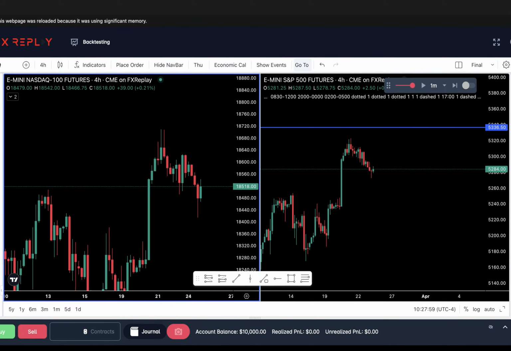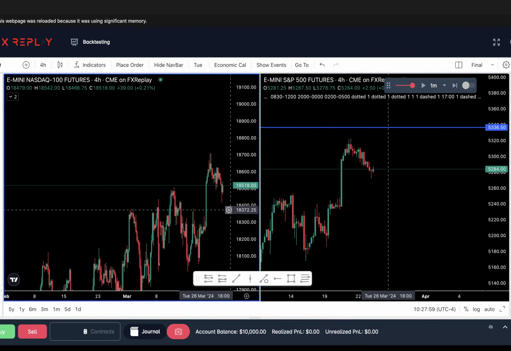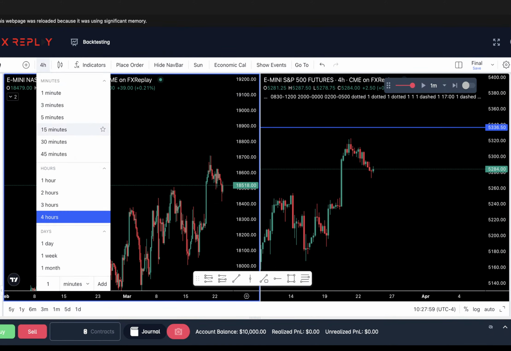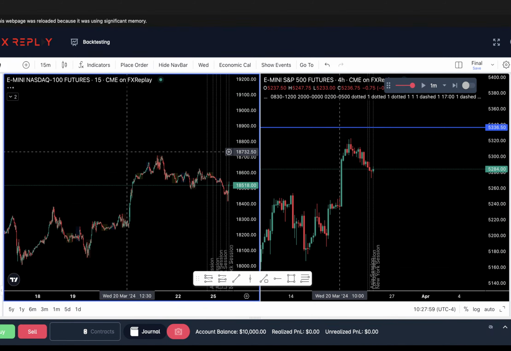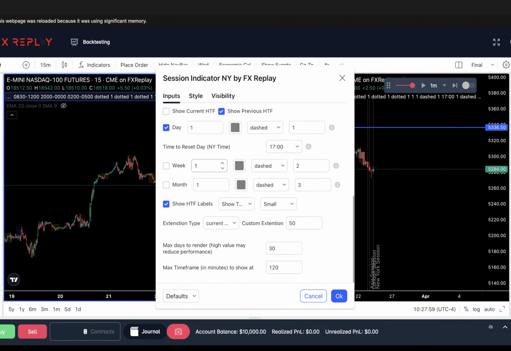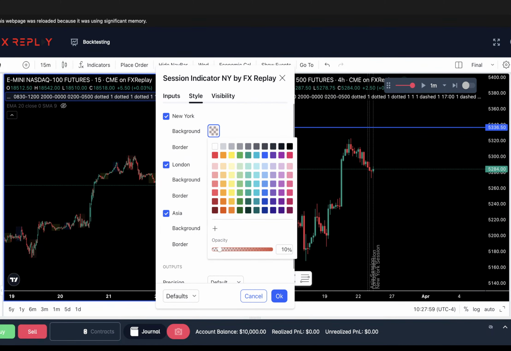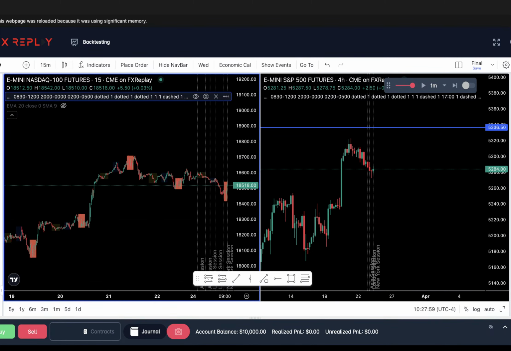Okay, next New York session. Oh, but my session indicator now. Let's see what it looks like. Oh yeah, it looks very bad now. This looks nasty.